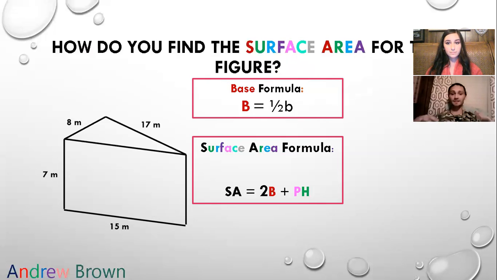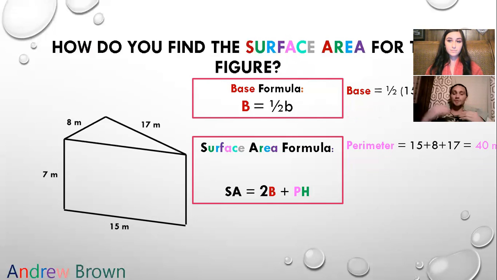Don't add the height. But when we get the perimeter, we then multiply the height with it, and we get 280. After that, we add 280 with the 105 we got from multiplying 2 by the base, and we finally get 385 meters squared. Therefore, surface area is 385 meters squared.